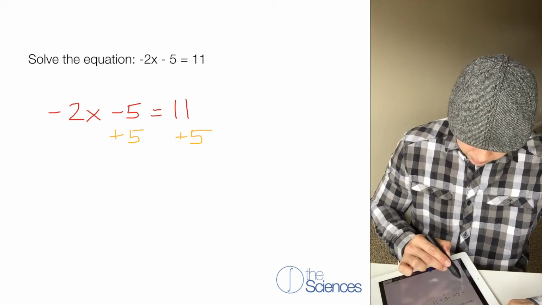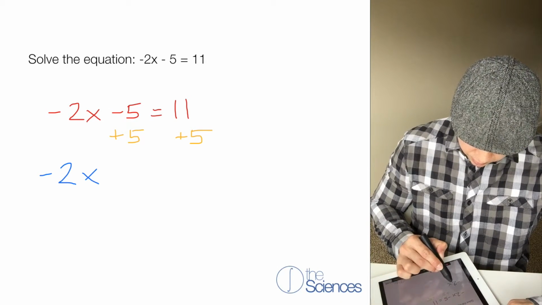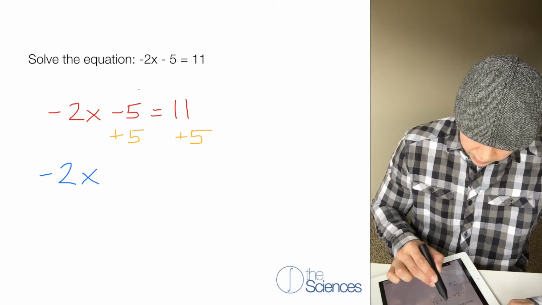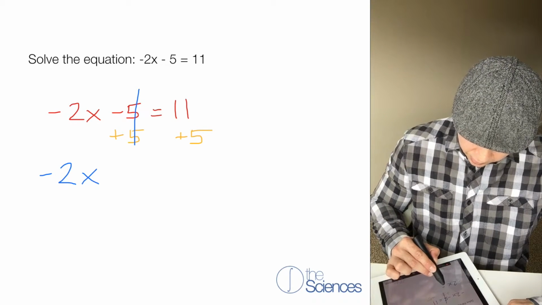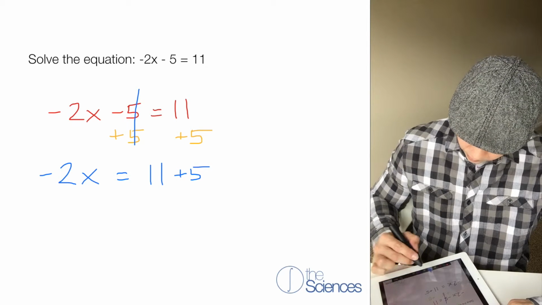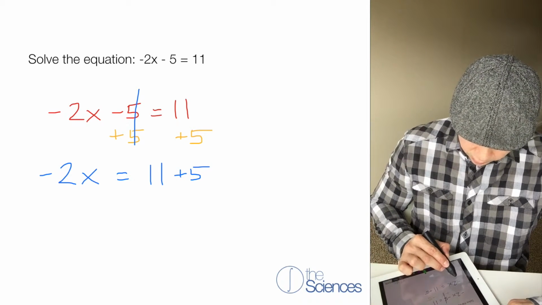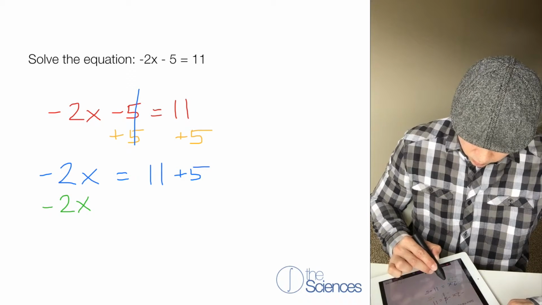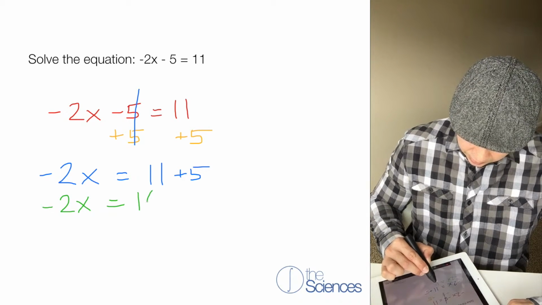So now we get negative 2x, negative 5 plus 5 is 0, so that cancels out, equals 11 plus 5. So now negative 2x equals 16.